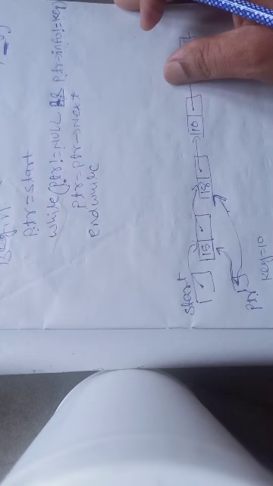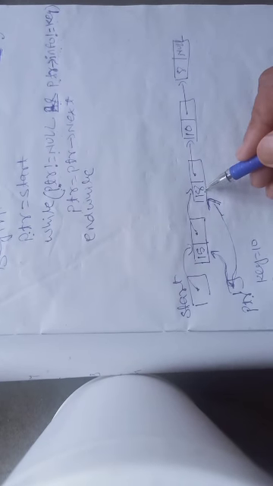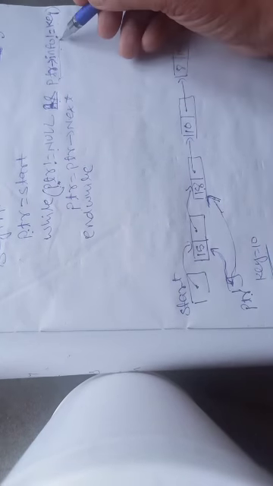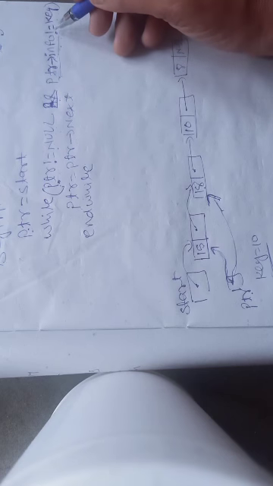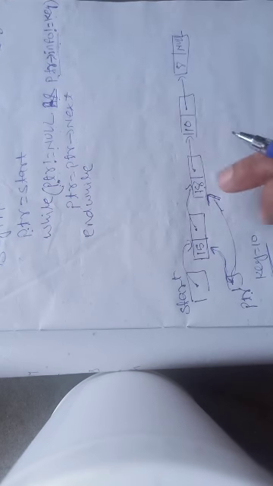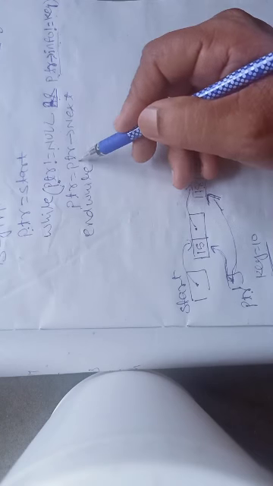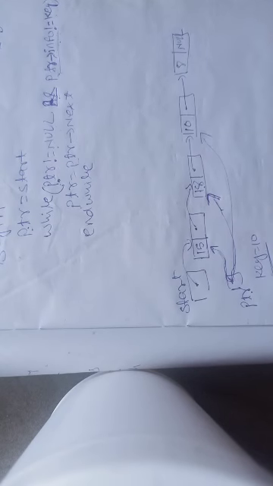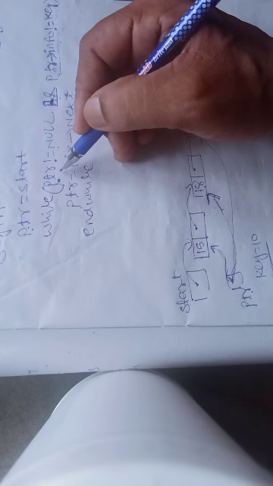And ptr of info, not equal to key: the info part contains 18, but my key is 10, so this is also true. So ptr is not null and ptr of info is not equal to key, so it doesn't match the key, and I should go to the next node. Therefore in the while loop I have updated ptr again. So now ptr will point to the third node. When we reach the third node, this loop condition will again be verified.